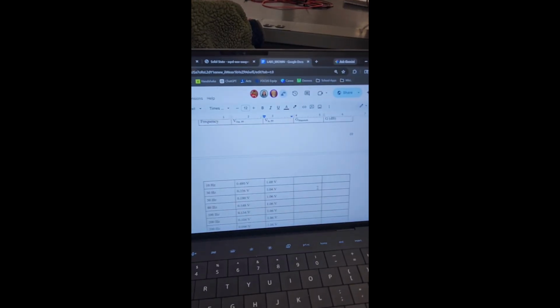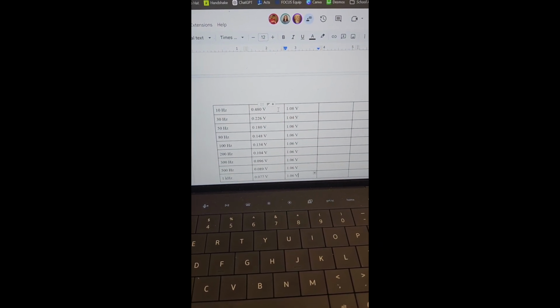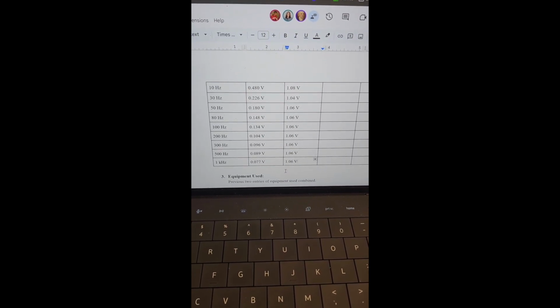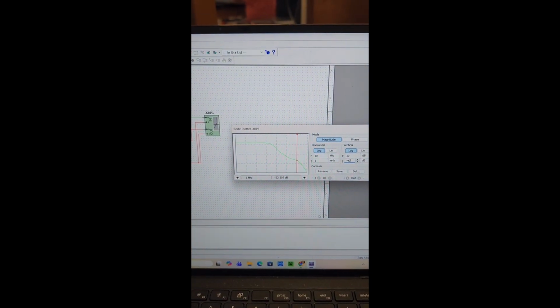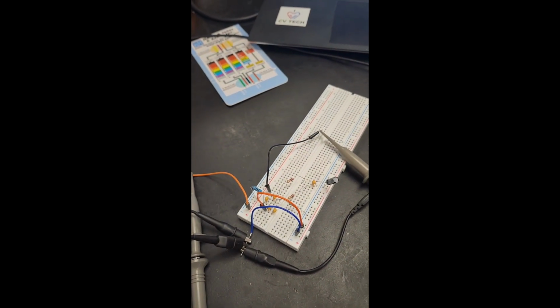As we can see from our table, as we increase the frequency, our gain goes down, just as in the Multisim, following it exactly. In the next part, we will connect this with our op amp to filter.